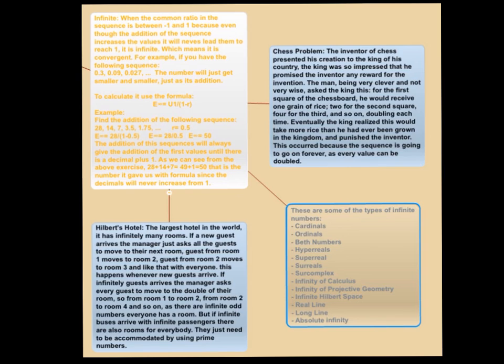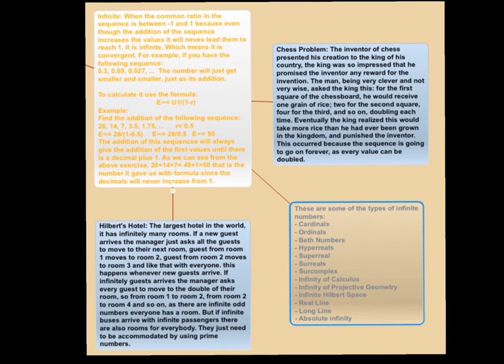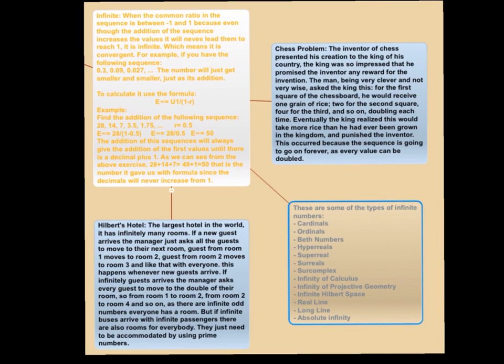So for example, if they tell you to find the addition of the following sequence, we can calculate r by just taking any of these values. If we divide 14 over 28, this gives us that r equals 0.5. We can see here that this is less than 1.